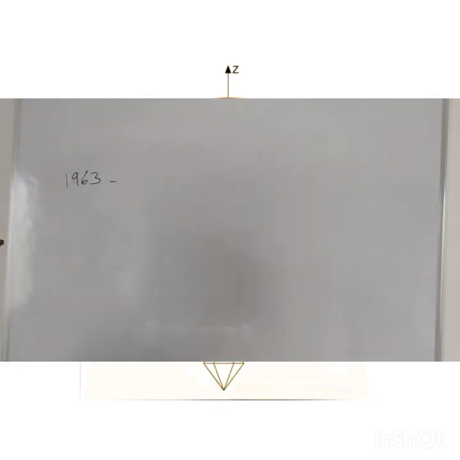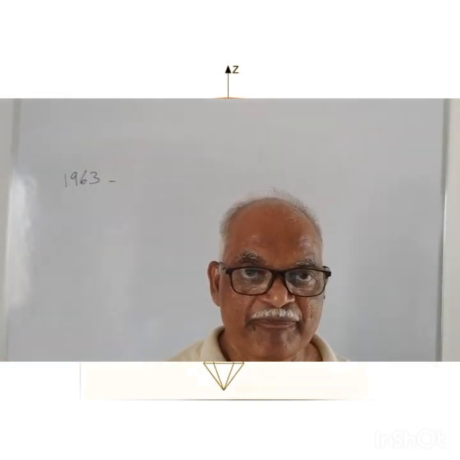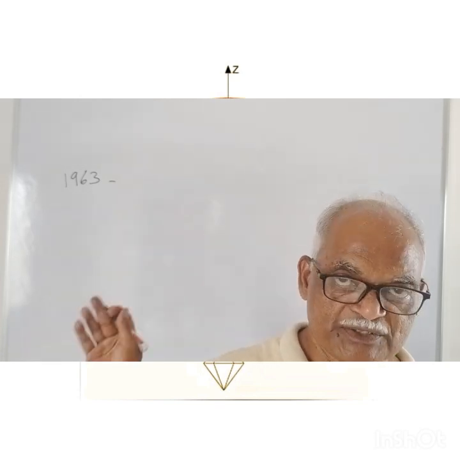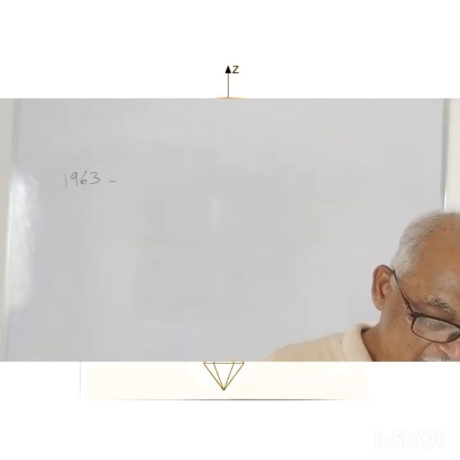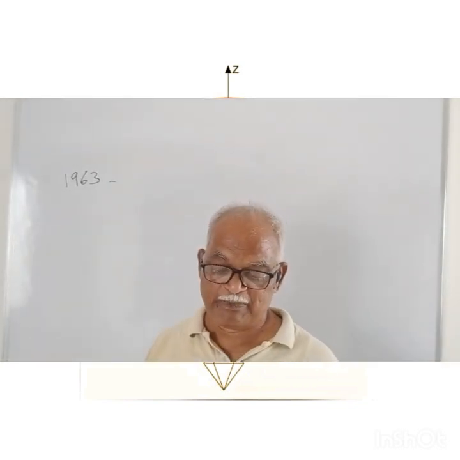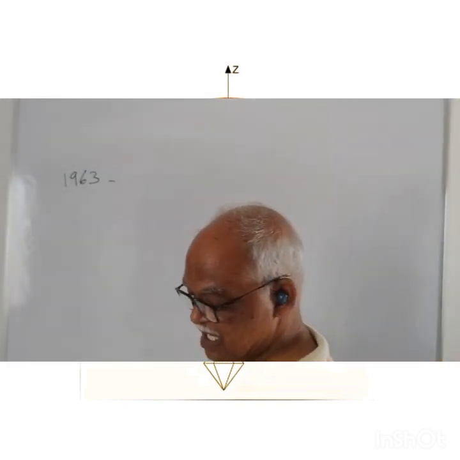1963 was recorded as an important event, when the Nobel Prize was awarded to K. Ziegler and G. Natta for their outstanding work in polymerization of alkenes, olefins.